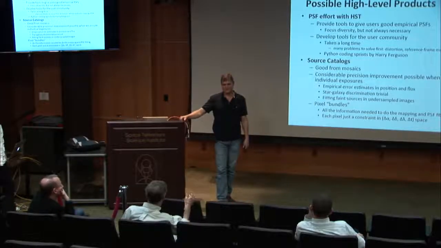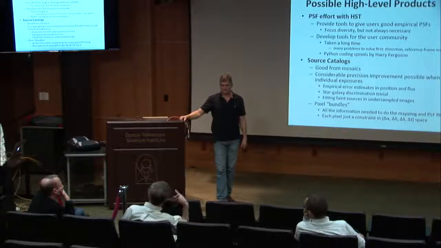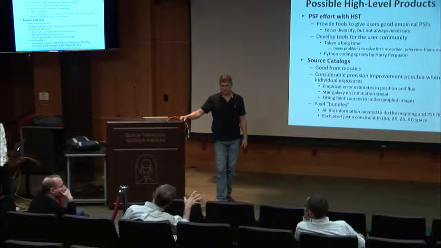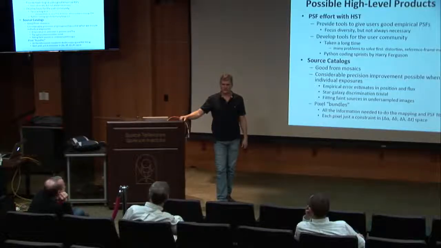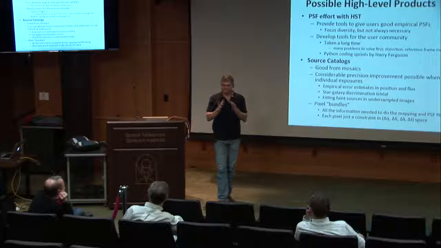You choose it. Can you talk about how it might benefit if you have one observation followed by another one that is shifted only by, say, 10 milliarcseconds in X or Y or both? It turns out that the size of the PSF doesn't vary at the 10 milliarcsecond level.